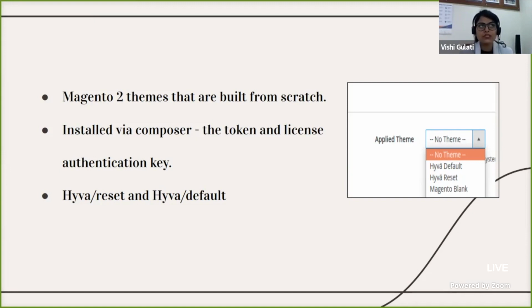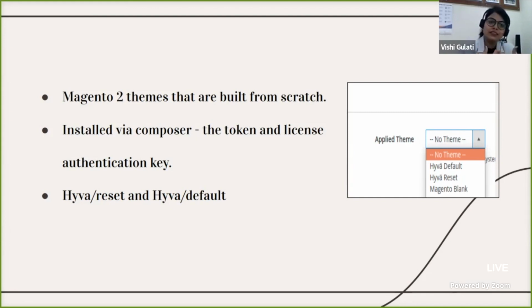Scratch means everything, all the layout, all the HTML, all the JS, all the CSS, is removed until you get a blank page, and then it paints the blank canvas again to provide us a good e-commerce platform.